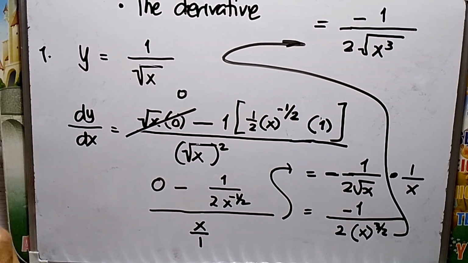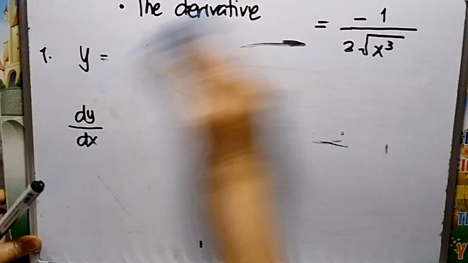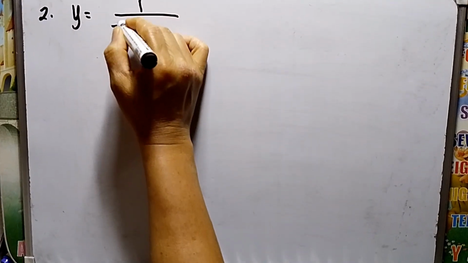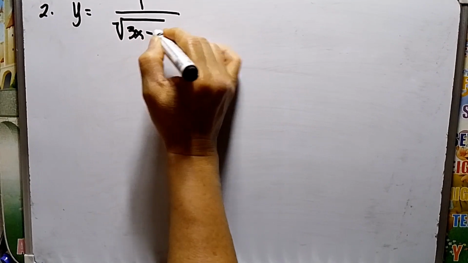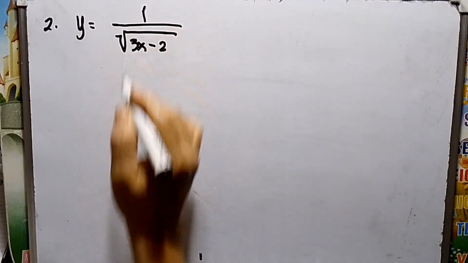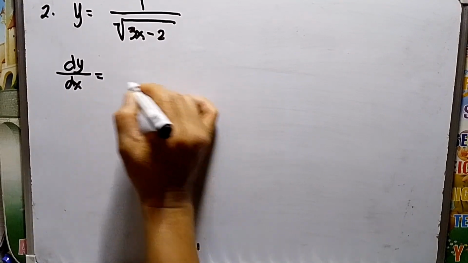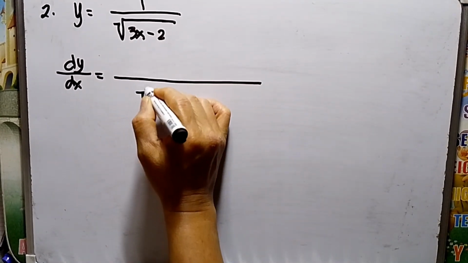Now let's proceed to number 2. Number 2 is y is equal to 1 over square root of 3x minus 2. So dy over dx is equal to square the denominator.